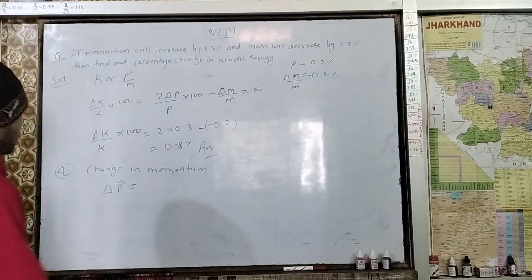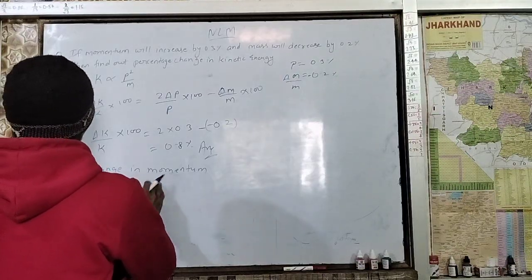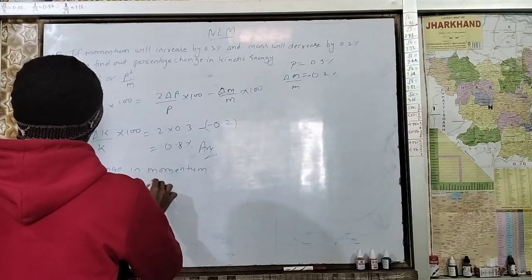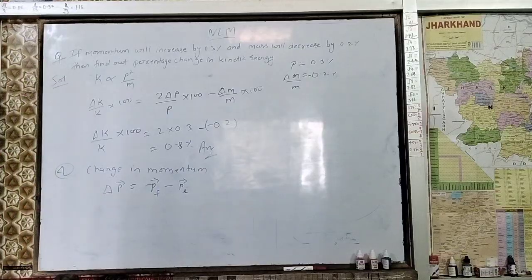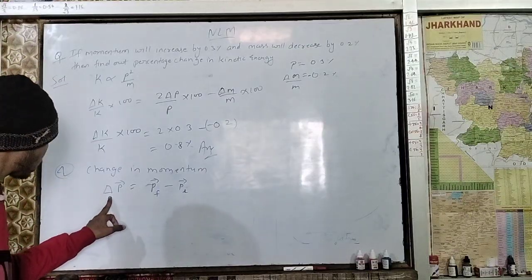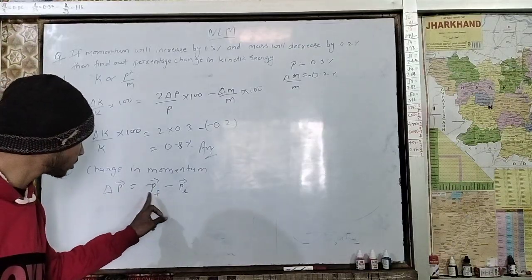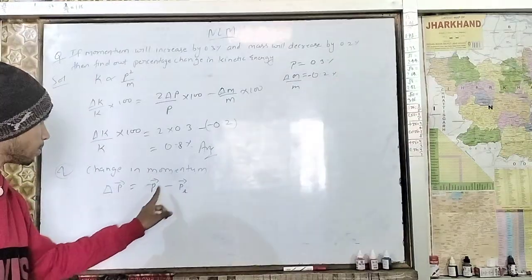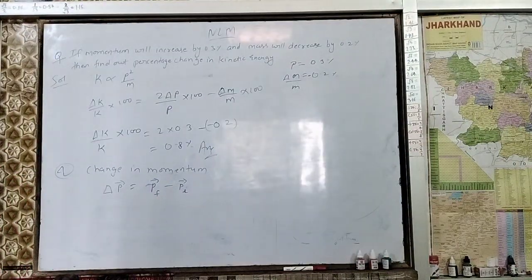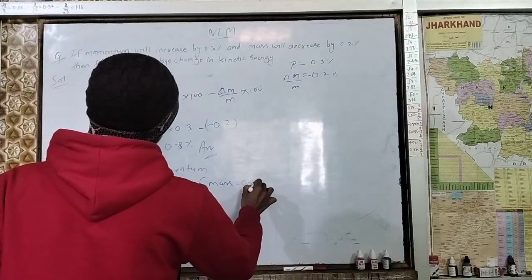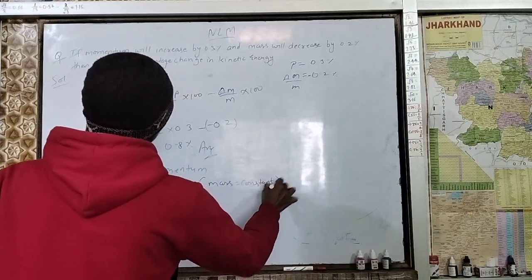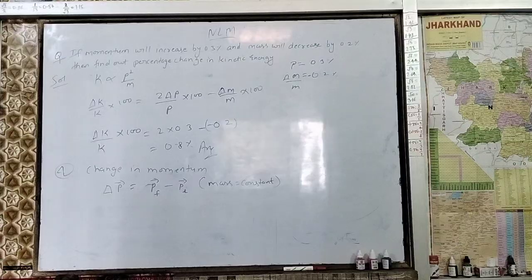So P final minus P initial. Here you understand that this delta P vector can be written as vector P final minus vector P initial, where mass is constant. But remember, this is valid only when mass is constant. Clear?